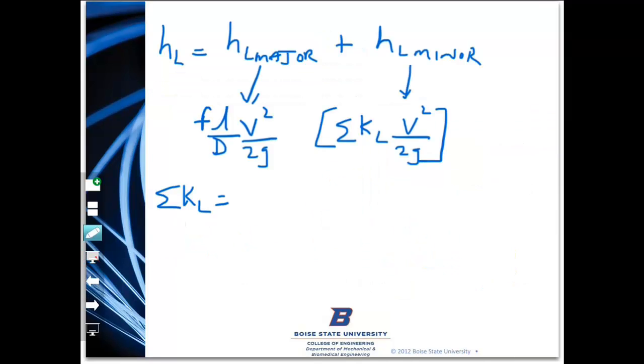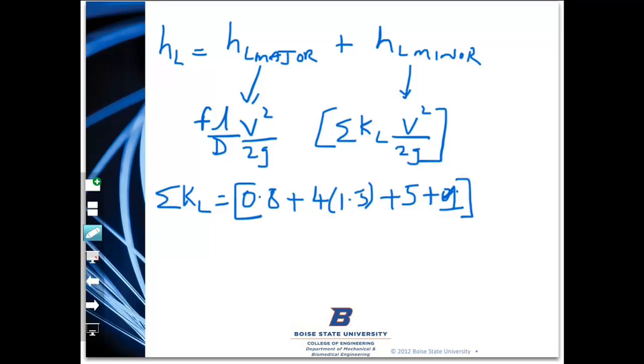So if you put all those here, you get 0.8 plus 4 times 1.5 plus 5 plus 1, okay, that's here, which is about 12.8 V square over 2g.